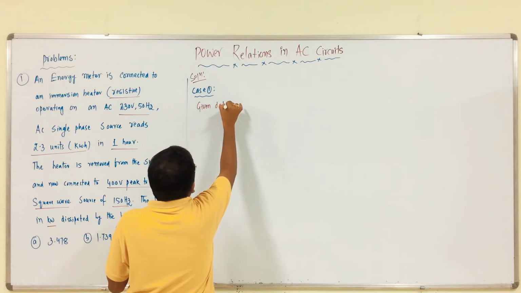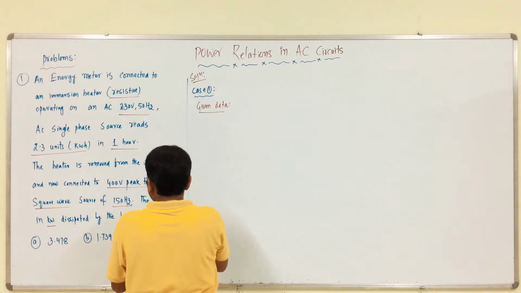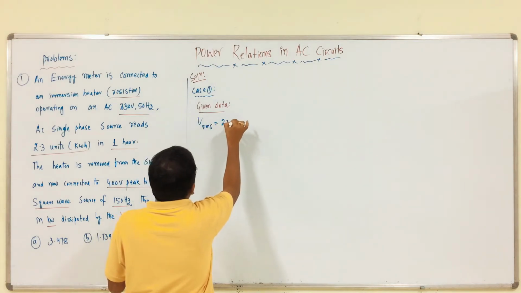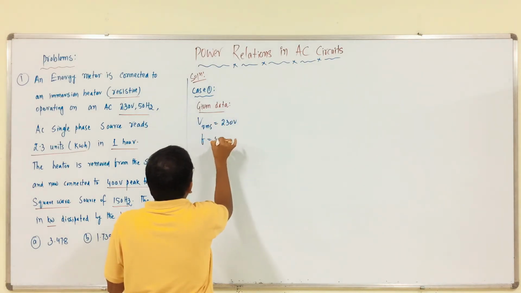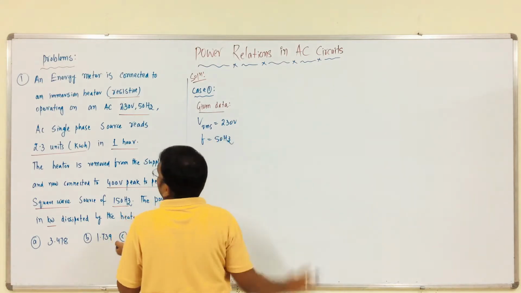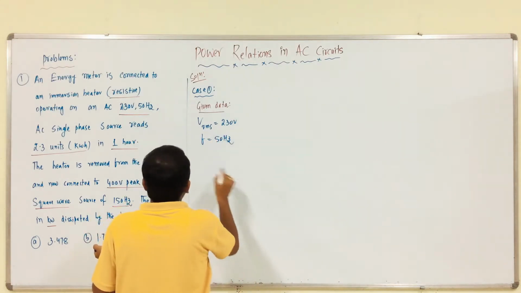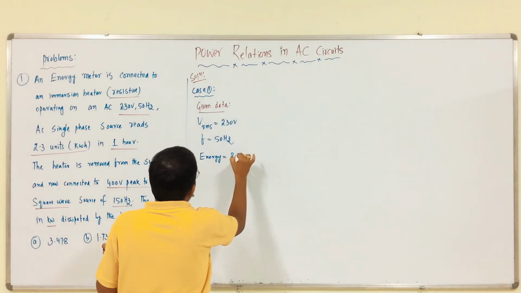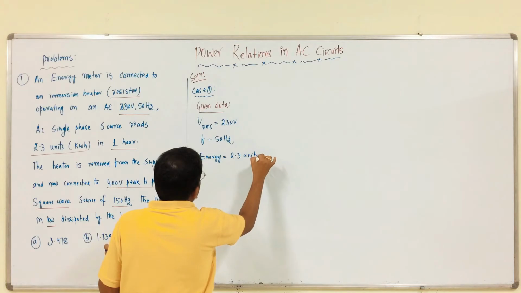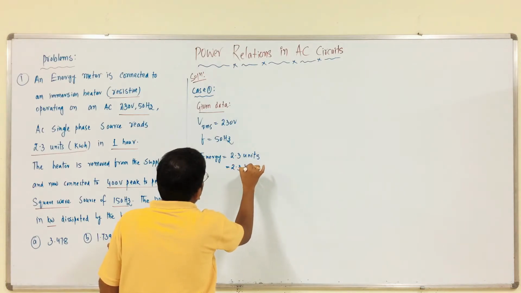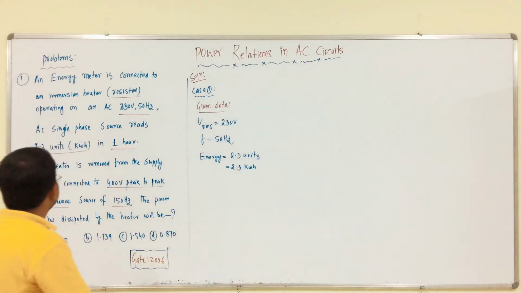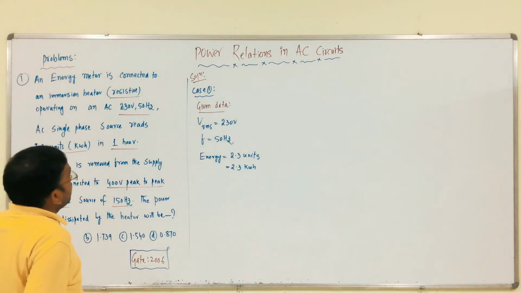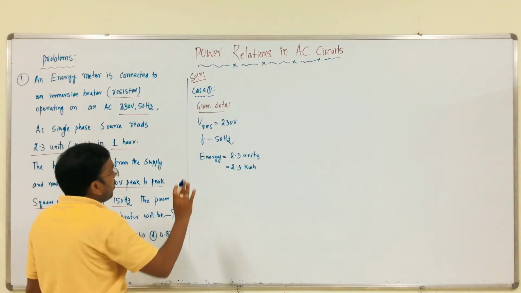Given data: first, Vrms is 230 volts, frequency 50 hertz, clear. Then energy is 2.3 units, that is 2.3 kilowatt hour. This is case 1: 230 volts, 50 hertz, energy is 2.3 units.